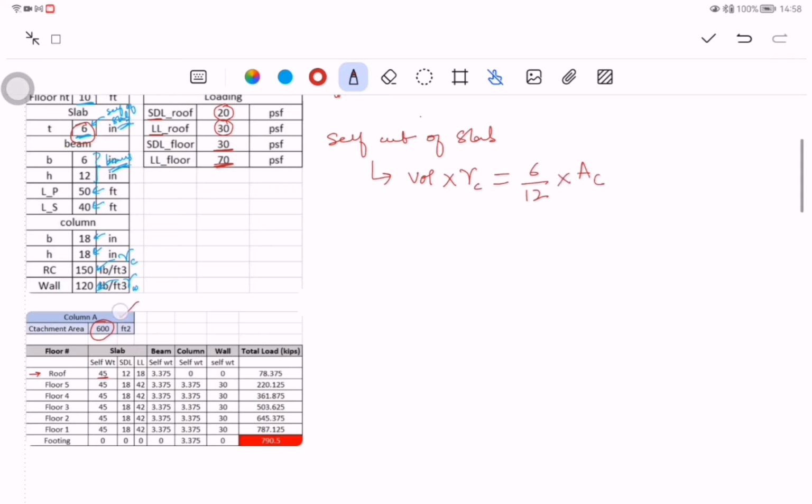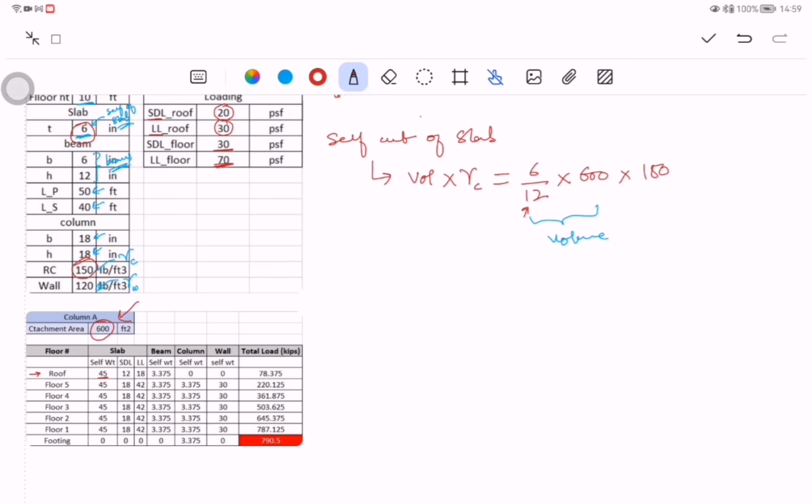I have 6 inches slab multiplied by catchment area. So you know already this is my catchment area, right? So I can write here 600 square feet, and here I am dividing by 12 so that it can be transferred into feet, and then I multiply. This is my volume. Now I multiply this whole term, this volume, with the density, and the density is already provided to you, 150 pound per cubic feet, right?